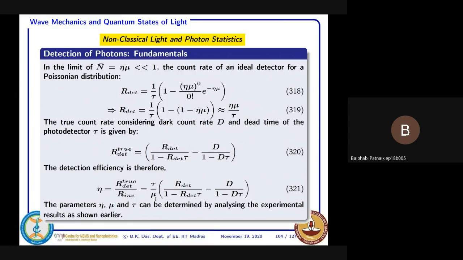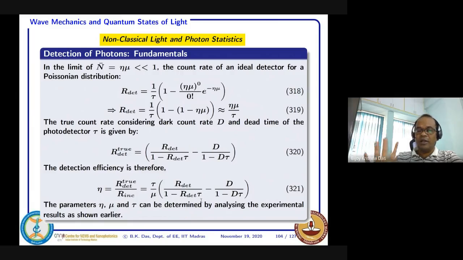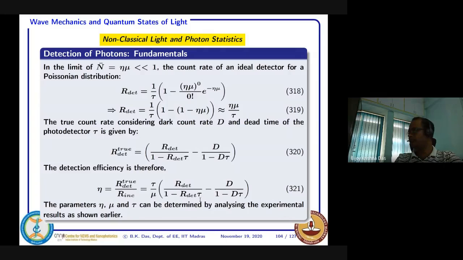Yeah. But according to equation 321, if we see actually. Okay. I understand what you mean, whether 321 and 319 are actually following. Suppose your tau equal to 0 and d equal to 0.